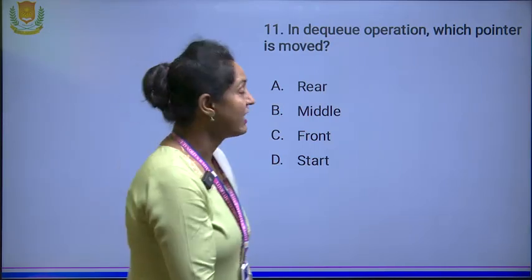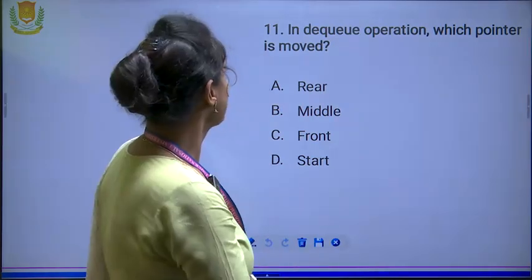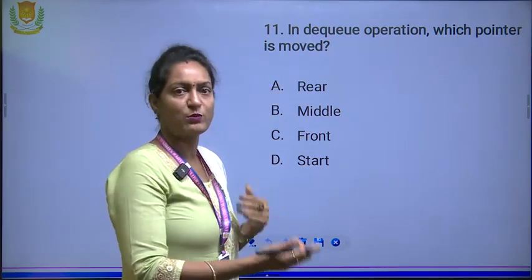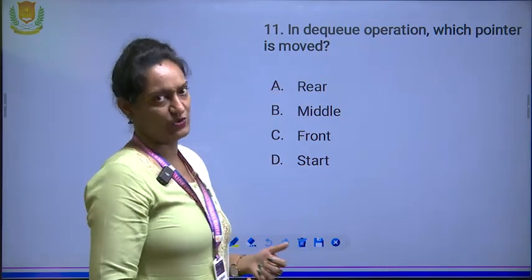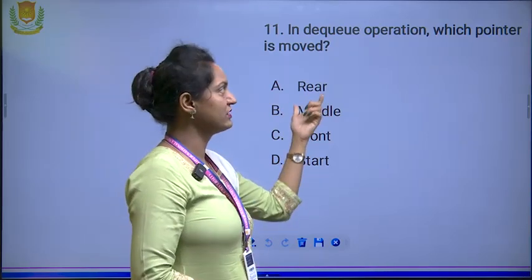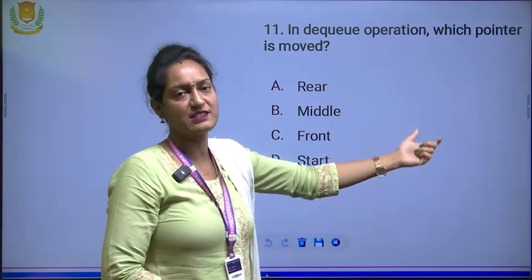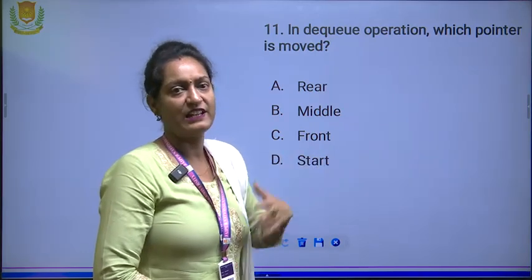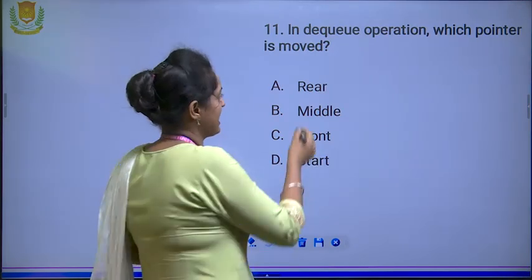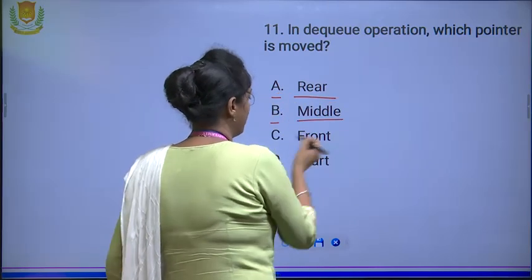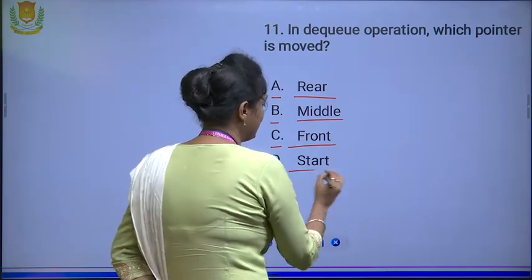Question number 11 is, in DQ operation, which pointer is moved? DQ means deletion of a particular element. So according to the queue, we have two ends, one is rear and one is front, and deletion happens from which end? The options are A, rear, B, middle, C, front, D, start.